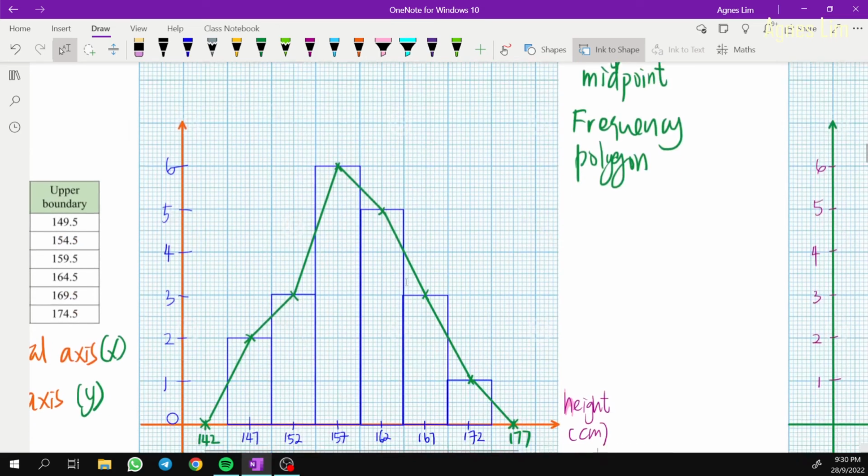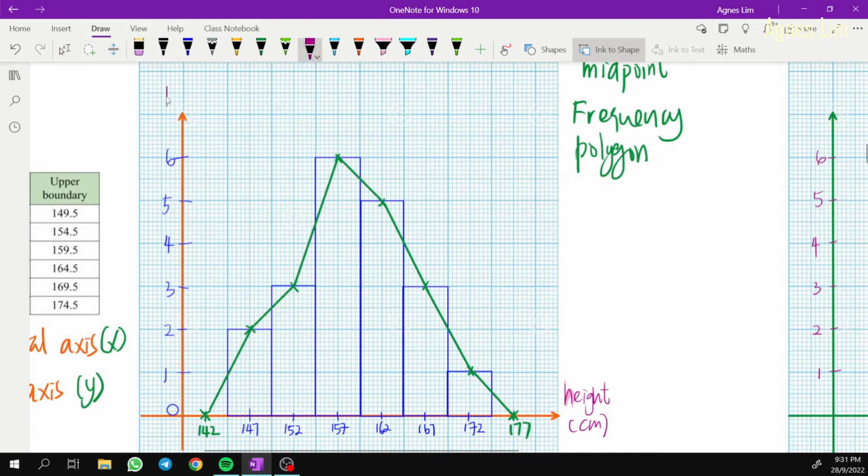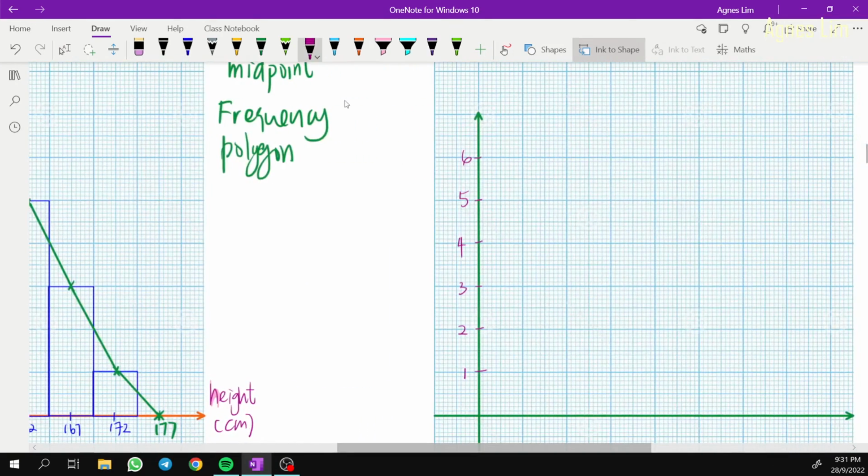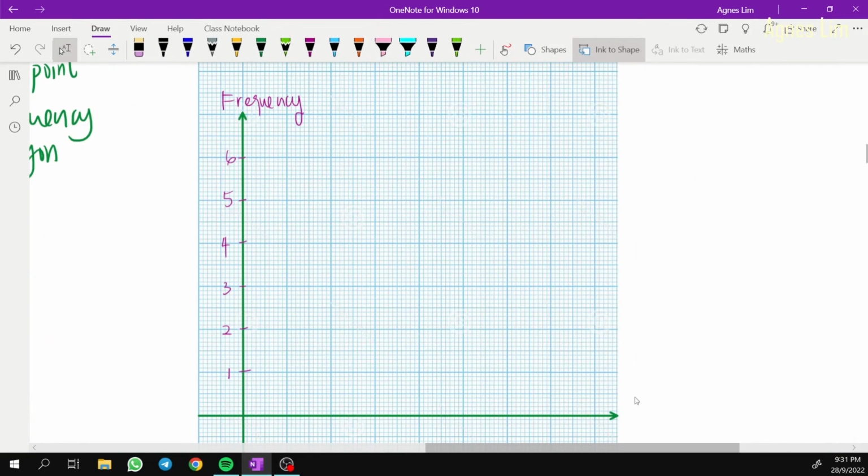Don't use the words class interval. And then this one you can use frequency. So that's how we label our x and y axis. It will be the same because we are going to use the same graph, same question. So this will be the frequency, and the x will be the height in centimeter.